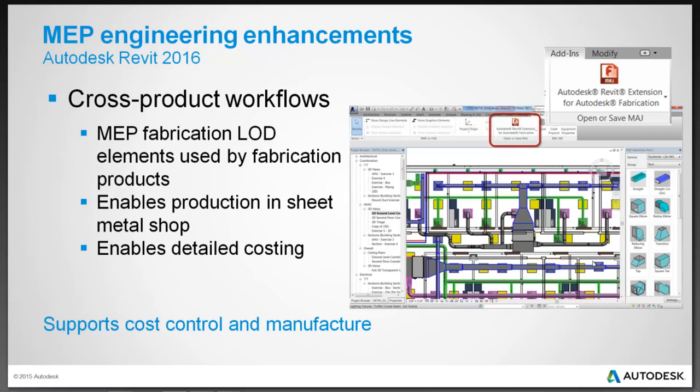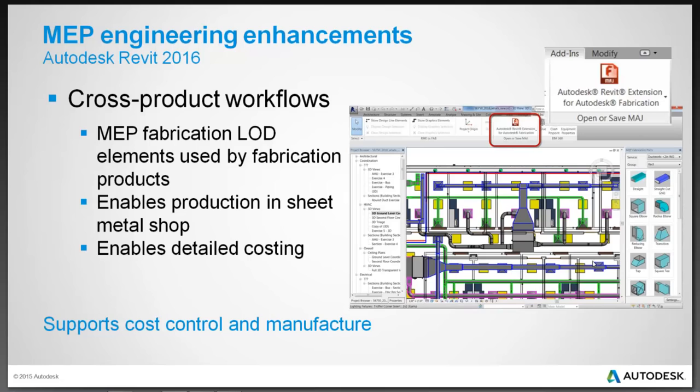So you are able to pull your fab content that you've modeled in Revit, and just like you would with your fab MEP file, you can take this content and use it in your fabrication CAM duct software and your fabrication MEP software.